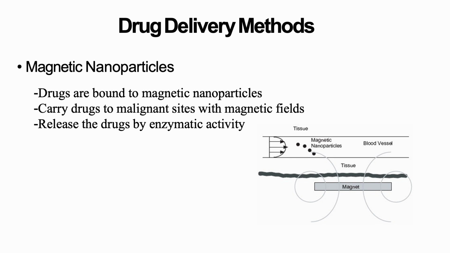So that was another way we can use magnetism to create a drug delivery system and show the way to those magnetic nanoparticles to go to a specific place in our body.